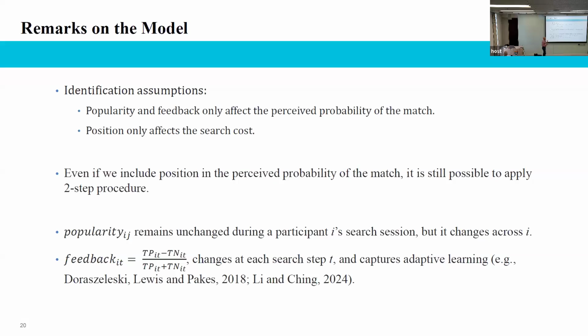Now we feel like this is the first reasonable cut to model it this way. But even if you include the position effect in the perceived probability of the match, I think there's no problem for us to implement the two-step estimation procedure that I explained at the very beginning. So the probability remains unchanged.